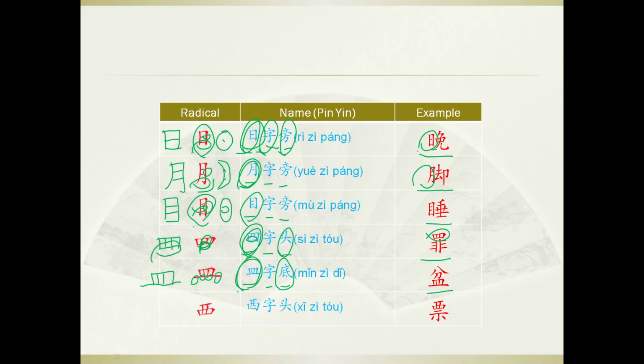The last radical of this set is 西字头, west. Again, this vertical is kind of this word. Just changing the diagonal and turn to verticals.